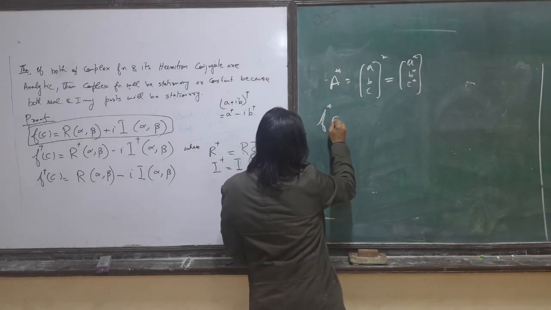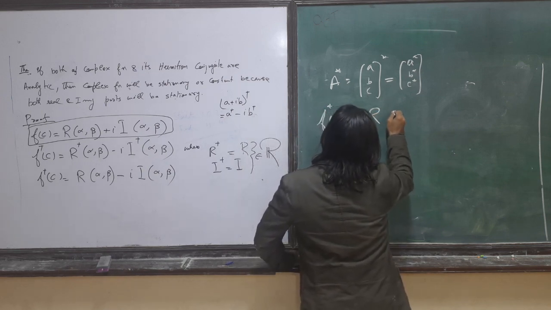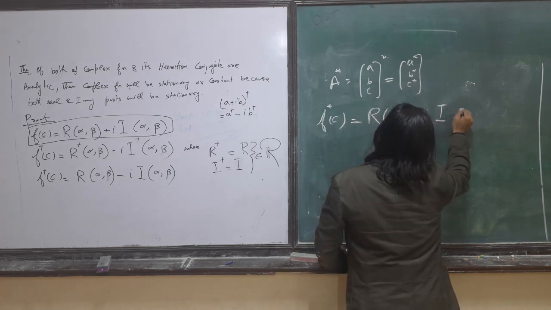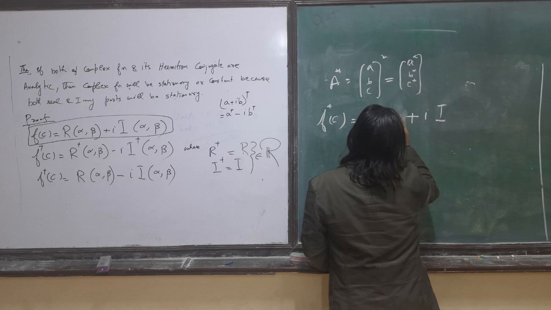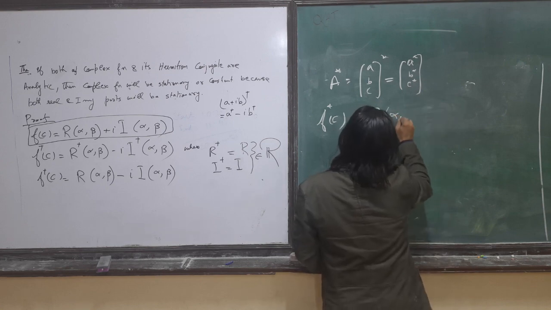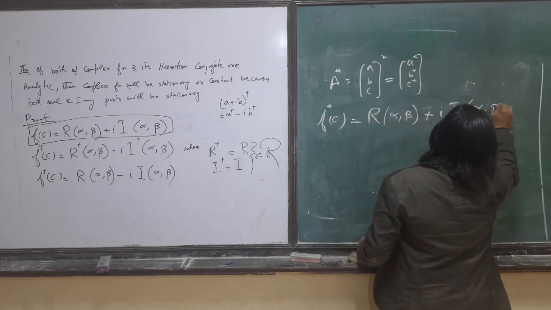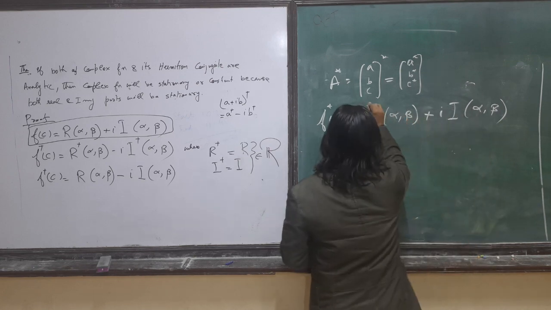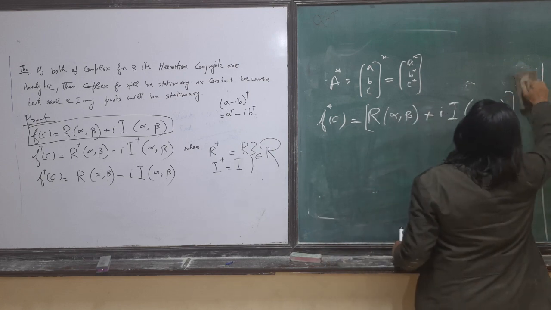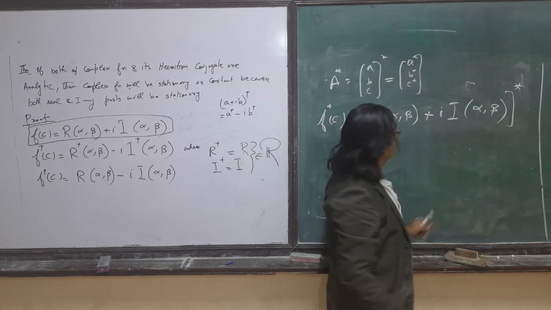Similarly, if you are taking the complex conjugate of C, that will be equal to R of C plus iota I. That will be equal to R alpha beta plus iota I alpha beta. These numbers are real numbers.